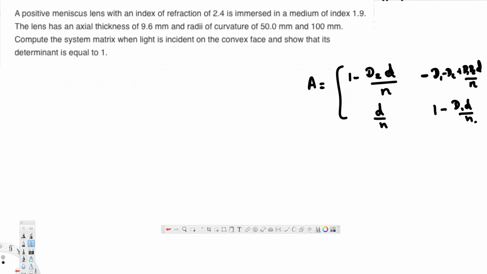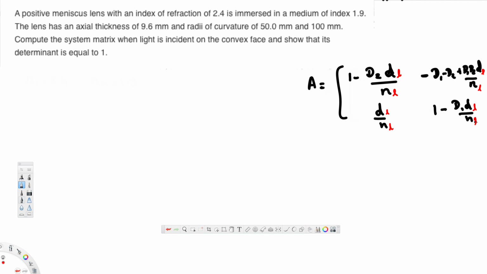So here this d represents the thickness of the lens, and n is the index of refraction of the lens. Let's put L to identify that one. So this is the thickness of the lens, and the index of refraction of the lens.